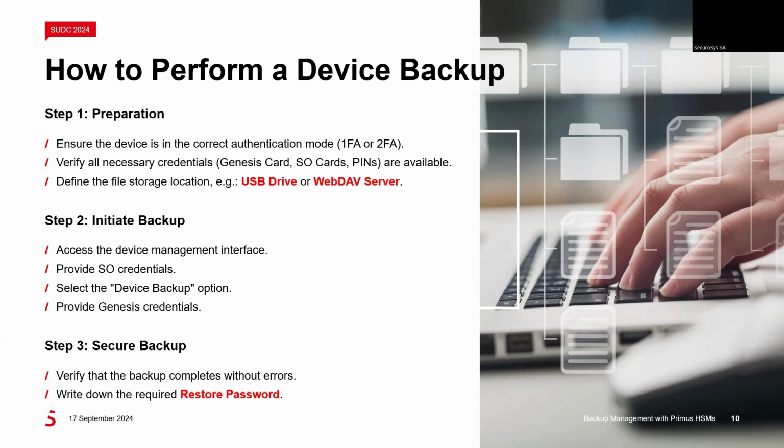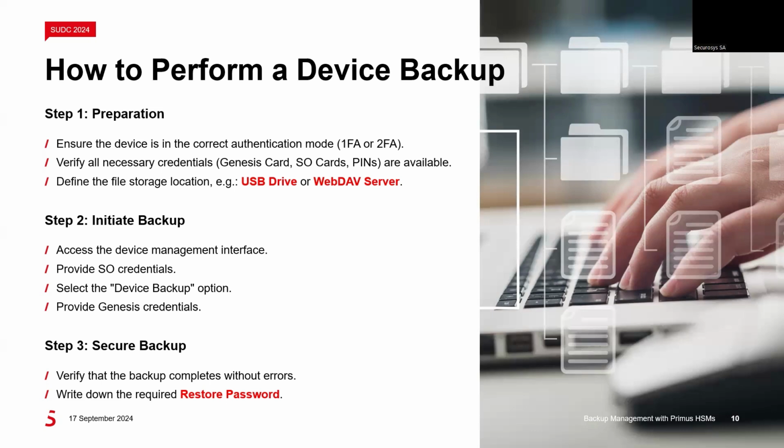It's important that we know how we operate the HSM, because if I do a restore, I need to have the same authentication mode configured on my HSM. Otherwise, I cannot do a restore. I need to have the Genesis card, my security officer cards available, and the pins, in case I'm working with two-factor authentication. And I need to specify my backup location.